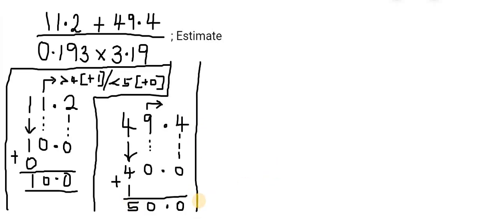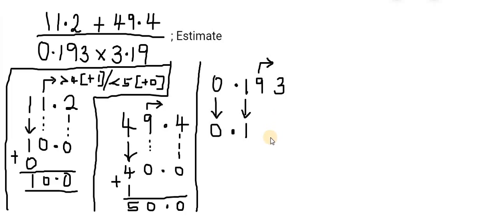Okay, next number, 0.193. 0 is not a significant figure when it's at the start of a number, so we just bring that down, but we don't count it as our first significant figure. We bring our point down as well. Our first significant figure is 1. Okay, now we check the number just after 1. If it's greater than 4, we add 1 to the previous number.